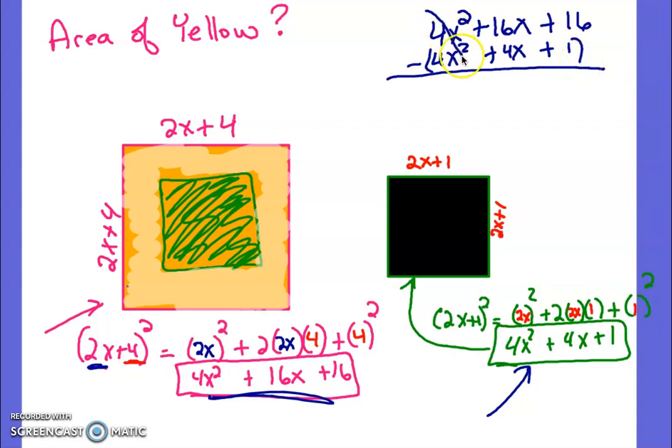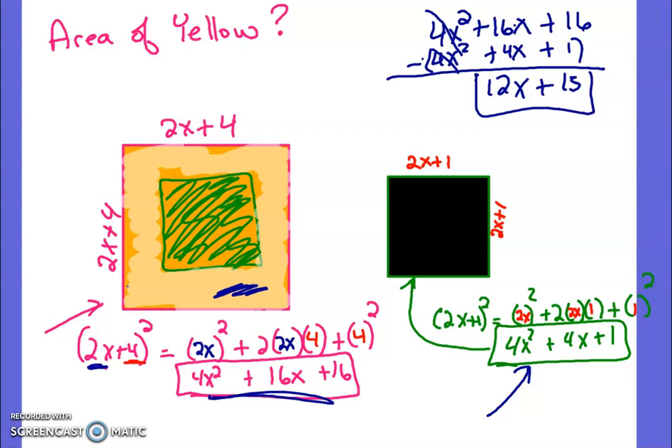So 4x squared minus 4x squared, they cancel each other out. 16x minus 4x is 12x, and then 16 minus 1 is 15. So this right here is the shaded white area, that's the area of what I'm trying to find left over.